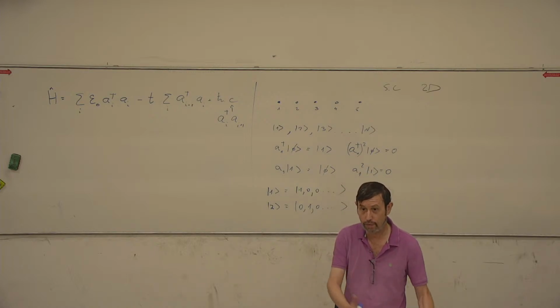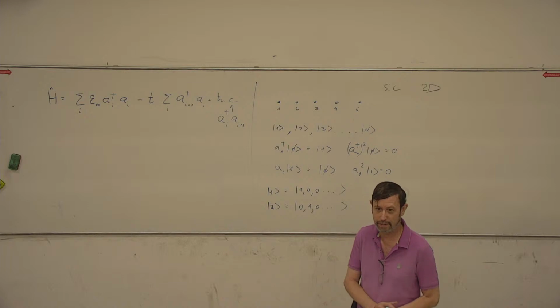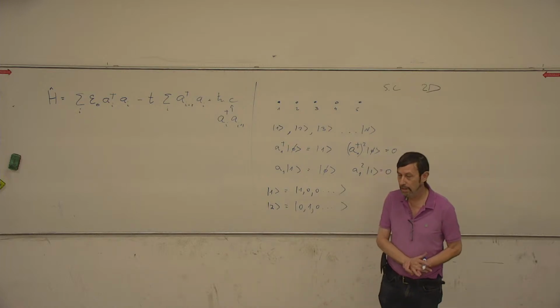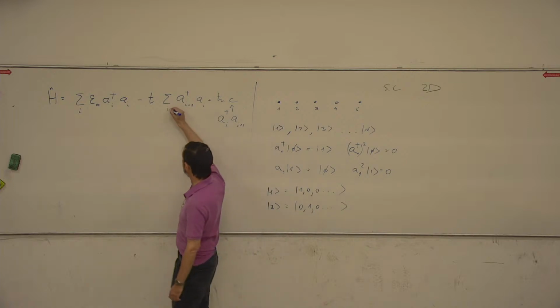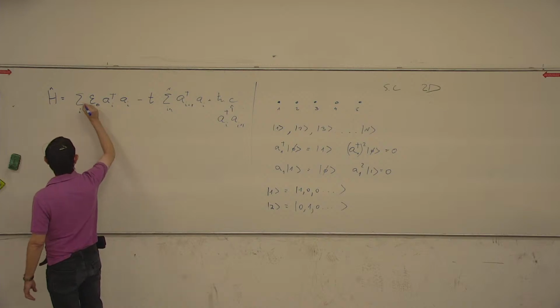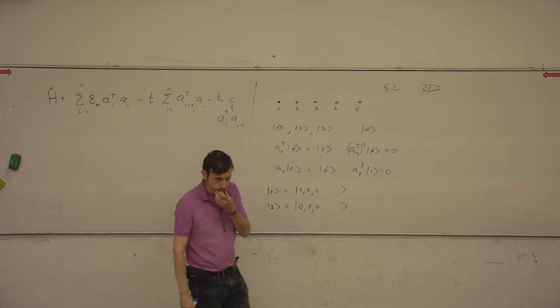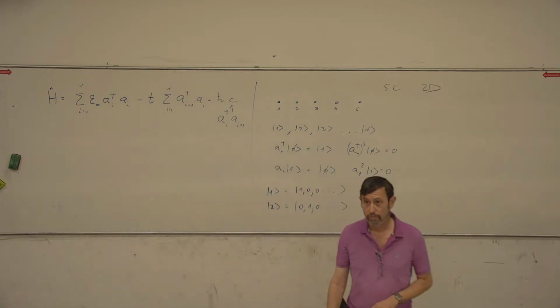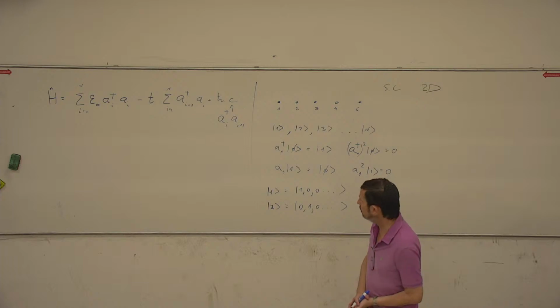Symmetry. If I'm allowed to move from the first to the second side, there's no reason in the world not to move from the second to the first one. And here I'm just summing up over all points. And here I'm summing up over all points.